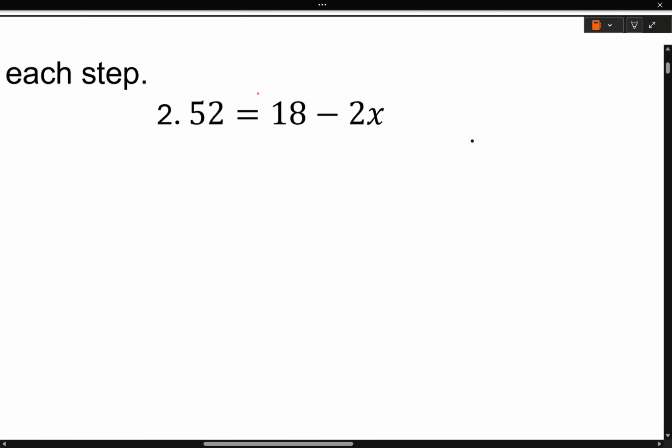Number 2. Let's draw a line down the middle and get started unwrapping the present of x. The first thing we're going to do here is deal with that 18. Remember that 18 is positive, and once upon a time in elementary school we wrote plus for positive. How do we undo that positive 18?